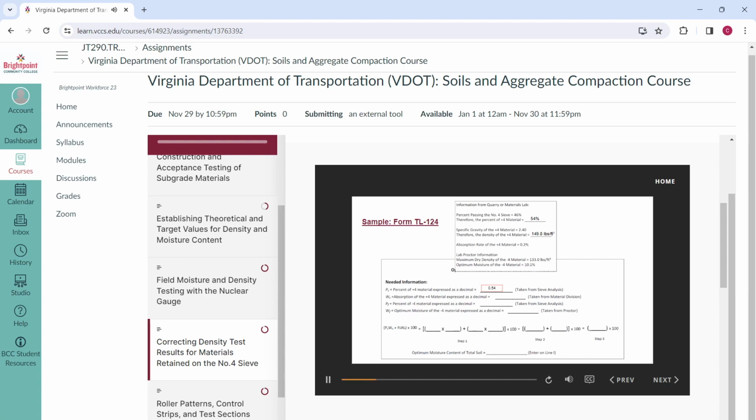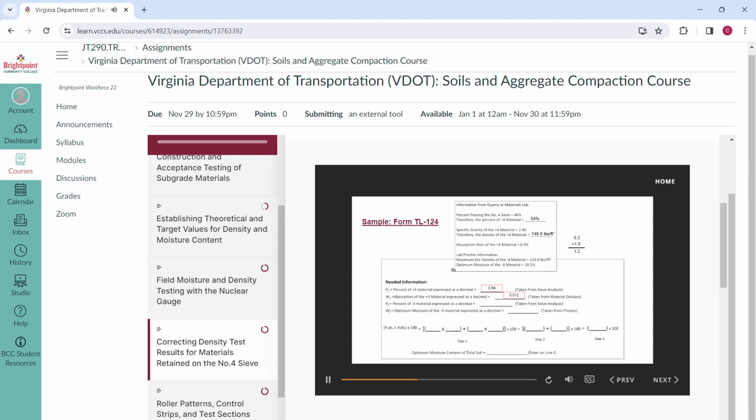With aggregate, to convert this number to a decimal, we must first add 1 to the number. So we would take our 0.2, add 1, which would give us 1.2, and then we would convert that to a decimal, which would be 0.012. If we were dealing with soil, we would not add 1 to that number before converting it to a decimal.